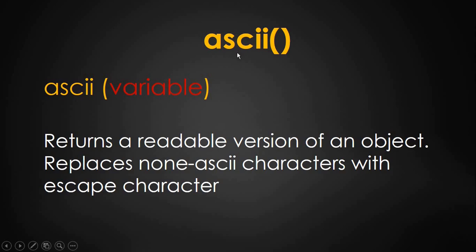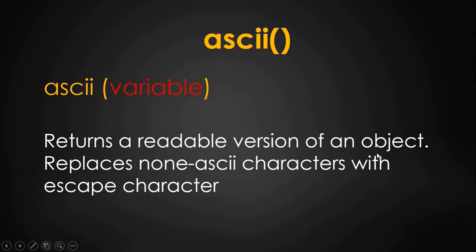Okay, and now let's see this final one. It's the ASCII function. The ASCII function gets a variable as an argument too, and what it does is returning a readable version of an object, replacing non-ASCII characters with escape characters. Okay, this function, there's a lot of non-ASCII characters. We will see them a bit, and now I will explain what this does.